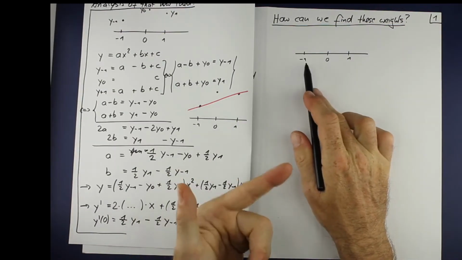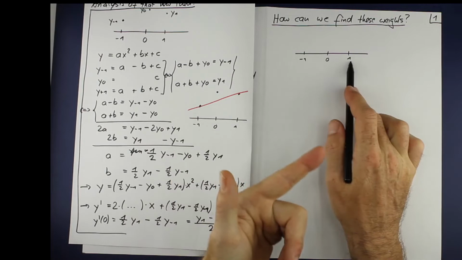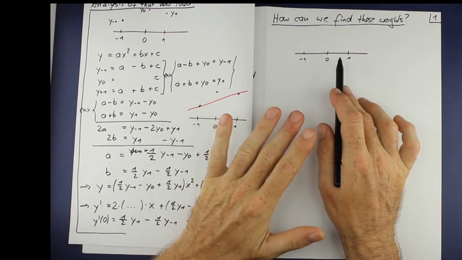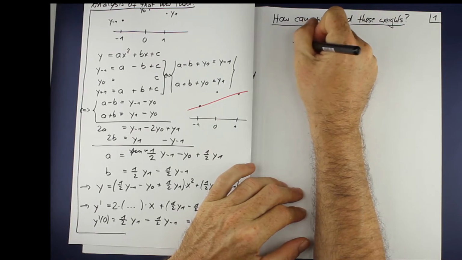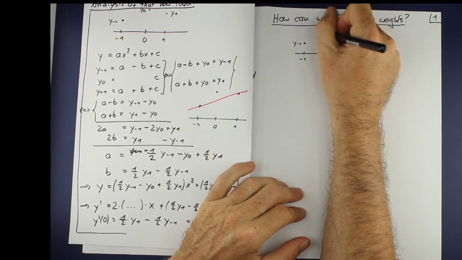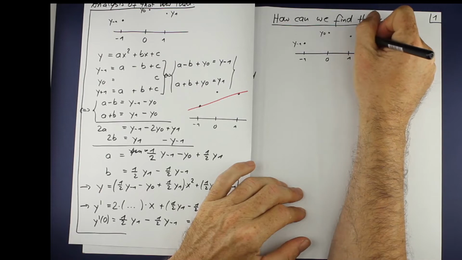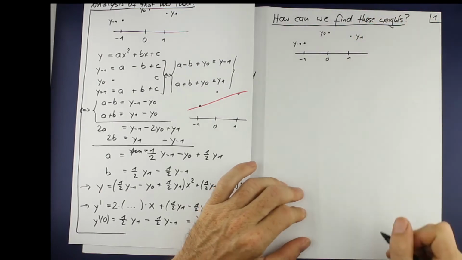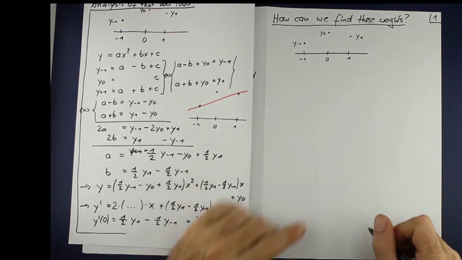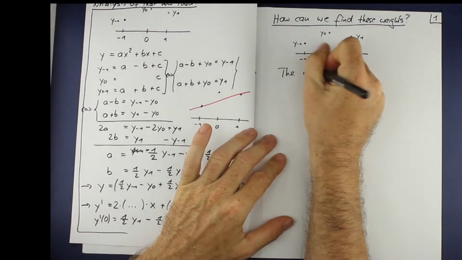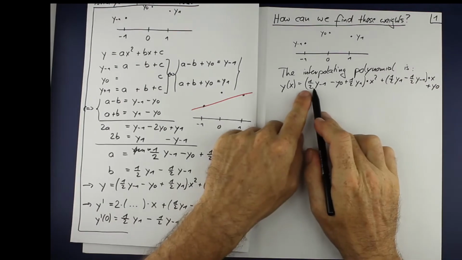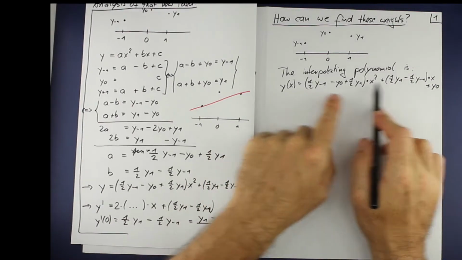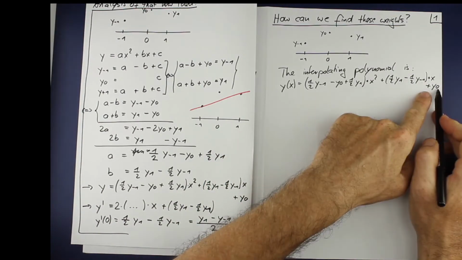For the moment we use -1, 0, 1, but we can easily generalize. Here we have the value y-1, the value y0, and the value y1. And the interpolating polynomial is, this is the leading coefficient, this is the coefficient for x, and this is the absolute term of the parabola.